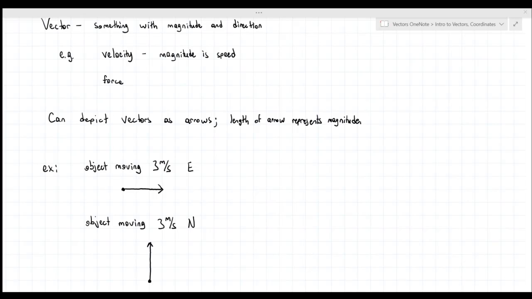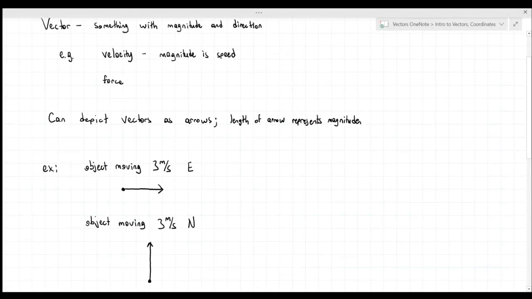Now, distance is not a vector quantity, though. Distance is the magnitude of your displacement or position. Yeah, that's good. You will learn a lot of different vector quantities such as velocity and force in physics.